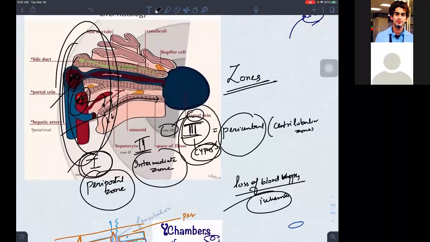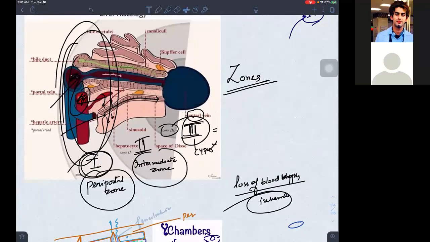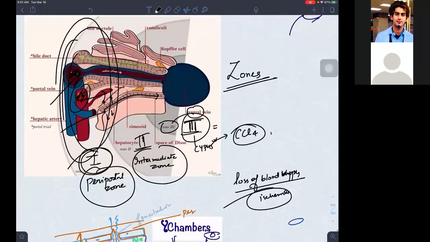Let us take some examples from Robbins pathology. Like carbon tetrachloride, CCl4, or rifampicin. Zone 3 will be sensitive to these metabolic toxins. Now, a second question will be asked clinically: which zone is the zone of alcoholic hepatitis?